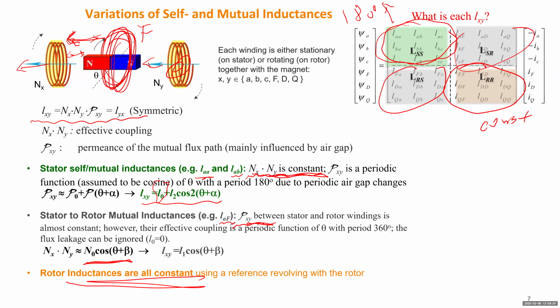Anything in those gray bars will change with a period of 360 degrees. So every 180 degrees, any inductance in the green block will reach the maximum value. Every 360 degrees, the inductance in the gray bars will reach the maximum value.